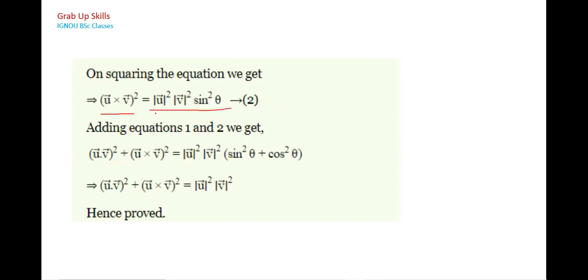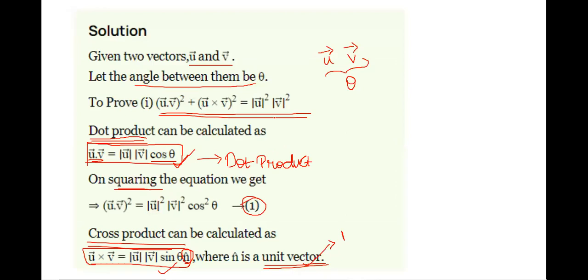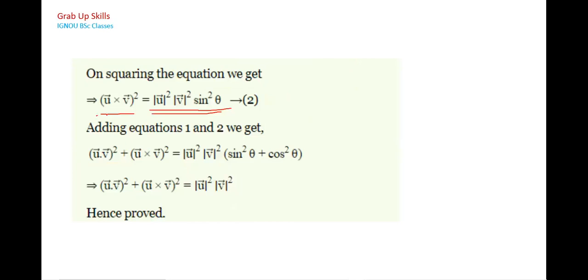Just we are squaring on both the sides, right? So after we square on both the sides, this is our first equation. When we square the cross product, this is our second equation, right? So we will add both the equations.